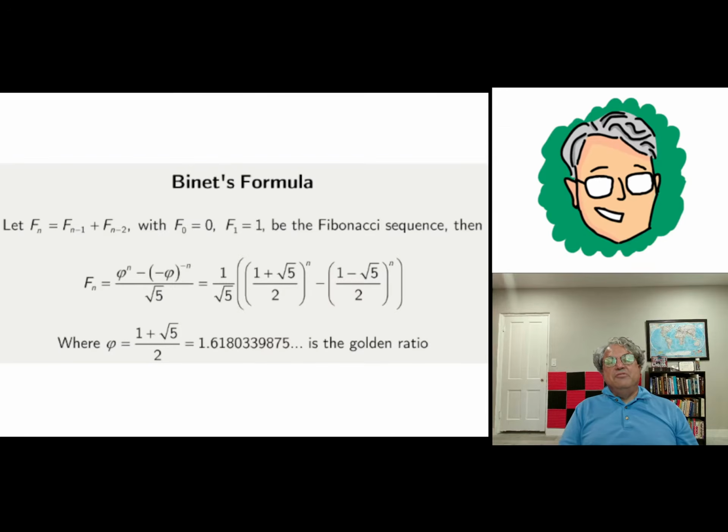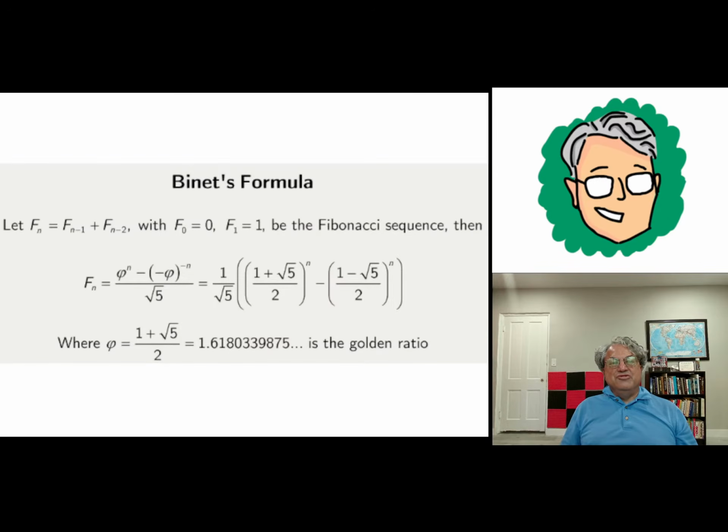And I think from this formula, you can kind of see why the ratio of two consecutive Fibonacci numbers approaches the golden ratio, because, like I said, F100 is very close to phi to the 100th over square root of 5, but by the same token, F99 would be very close to phi to the 99th power divided by square root of 5. Take the ratio of those two things, you get phi.